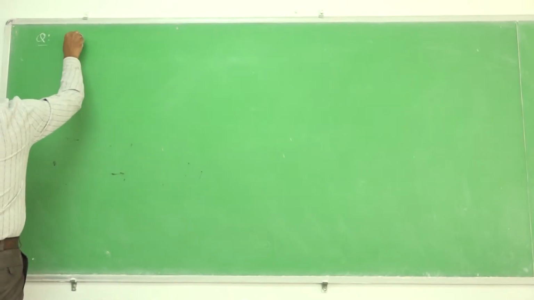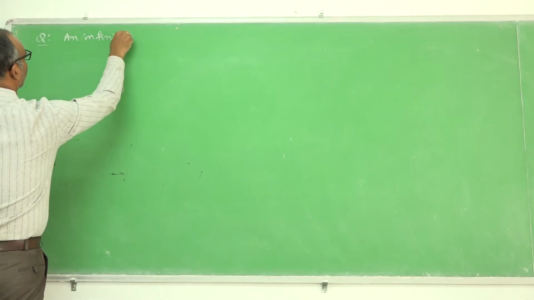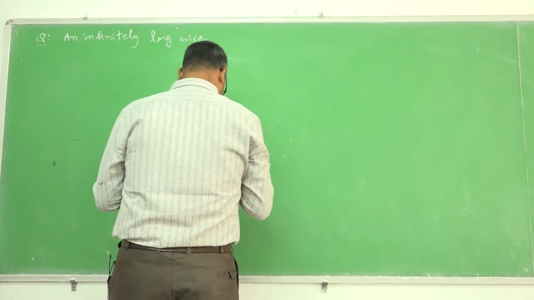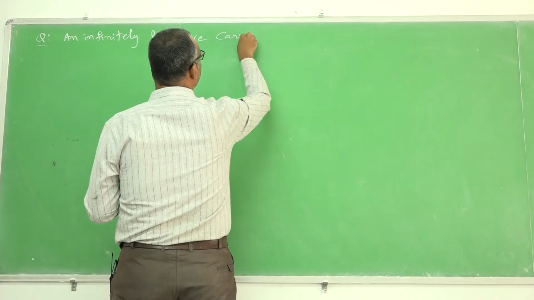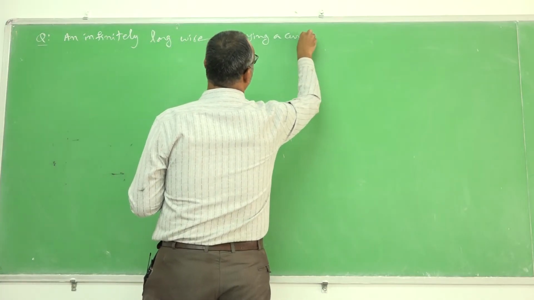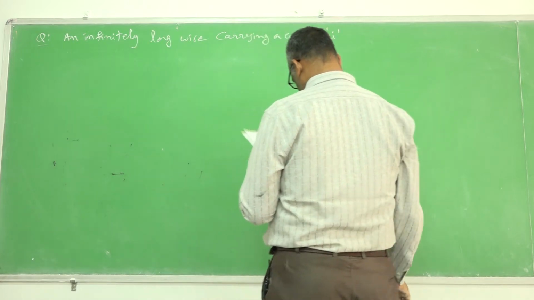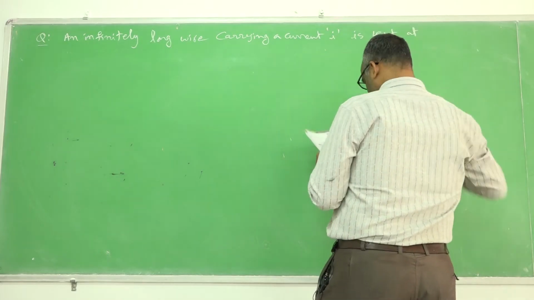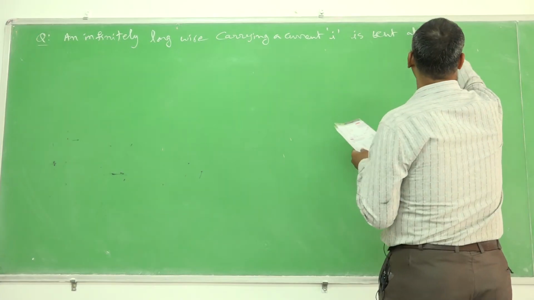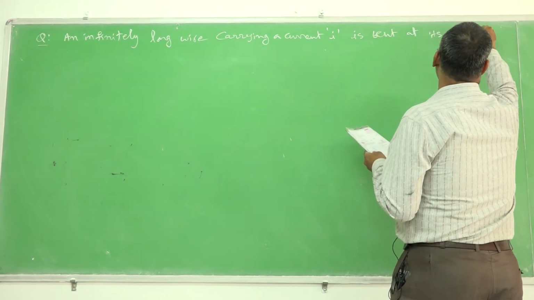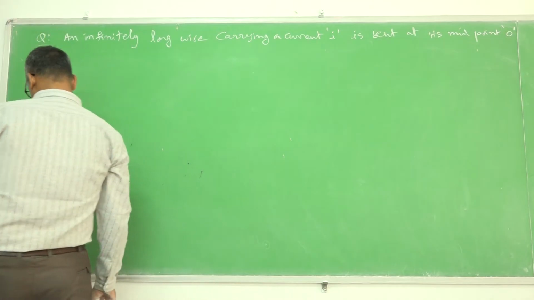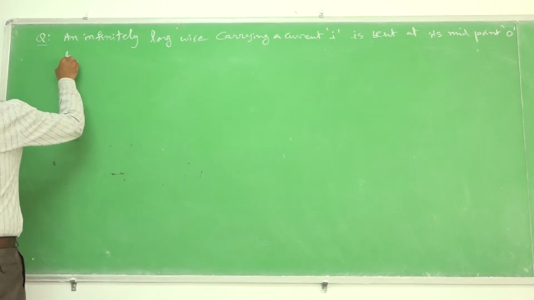An infinitely long wire carrying a current I is bent at its midpoint O to form an angle of 45 degrees.